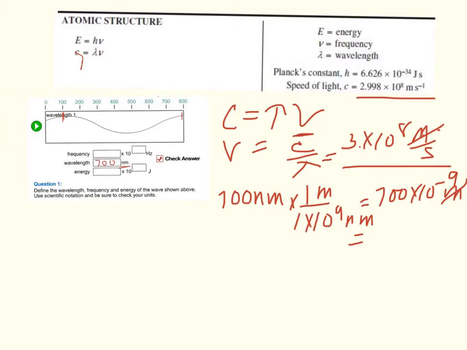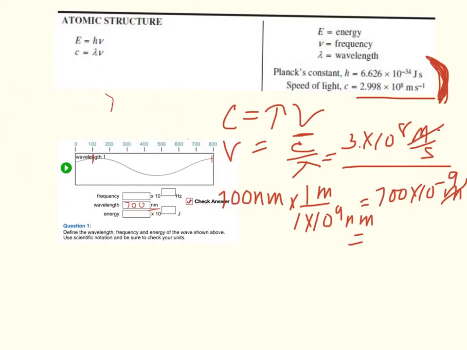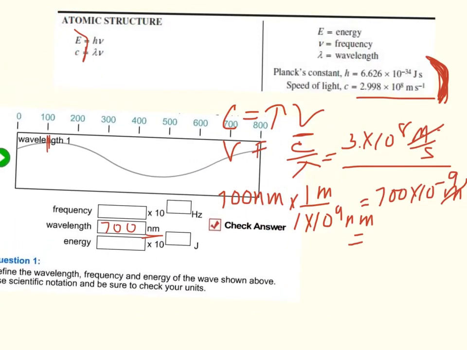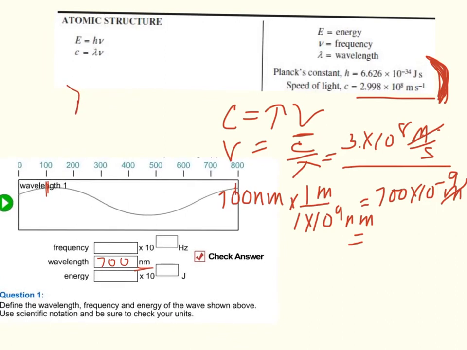Now let's think about sig figs. My constants don't have sig figs. They don't limit us. These are definitions, okay? And if I look back at my graph that I read the 700 off of, let's think about how many digits we can report. So this is the hundredths, the smallest grid line. I can estimate 1/10 of the way between the grid lines.